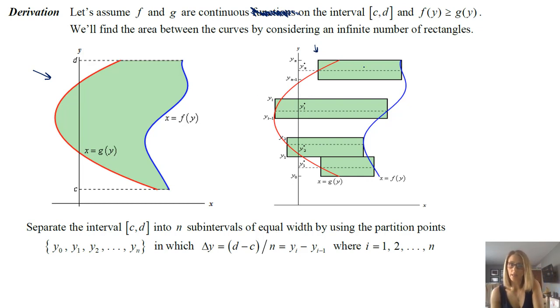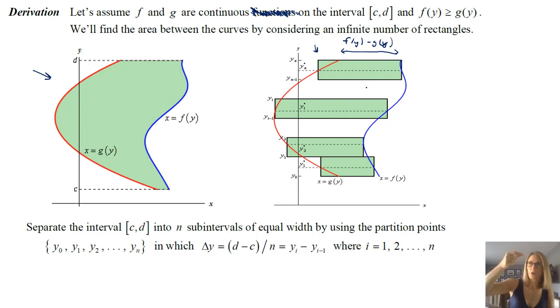The key thing to see is that if the function on the right here is, for example, f of y, and the function on the left here is g of y, then the height of the rectangle, and again I'm using these arbitrarily, is f of y minus g of y, because those are x values, and that's the distance between those x values.